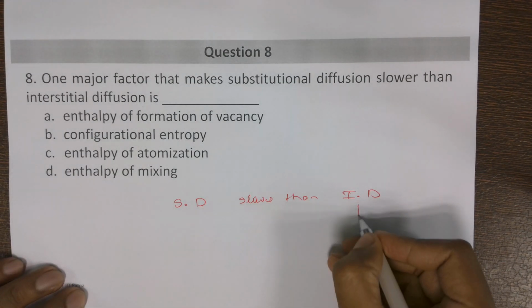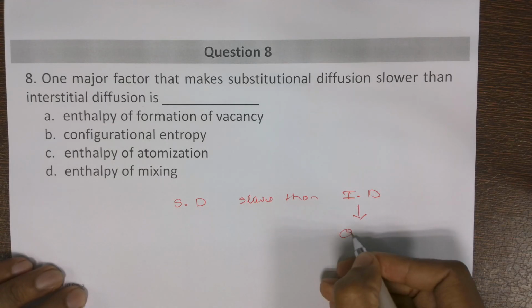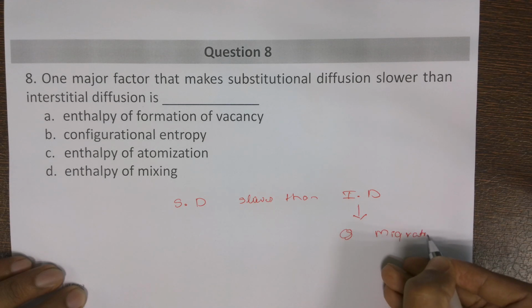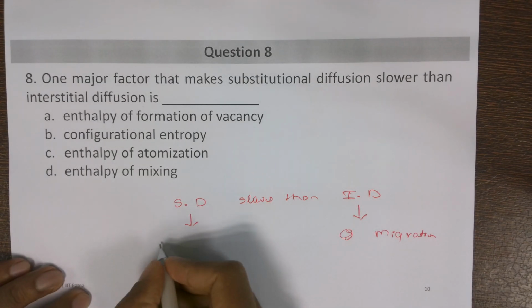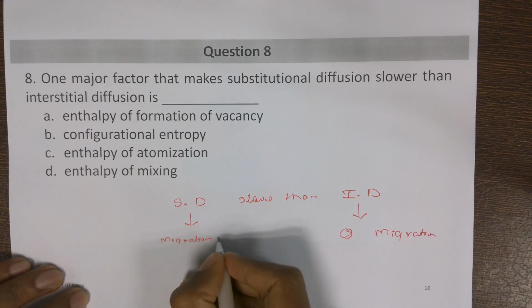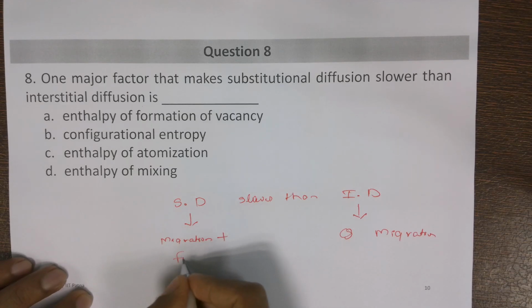In interstitial diffusion, the activation energy is only for the migration, while for substitutional diffusion, along with the migration, we also need the extra energy for the formation of the vacancies.